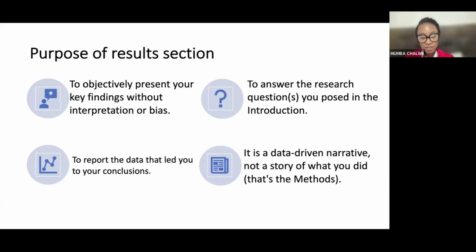Without any bias, without any interpretation. You're not saying this is what we know. You're simply saying this is what we found, okay? You also want to answer the research questions that you posed in the introduction. You also report the data that led you to your conclusions.